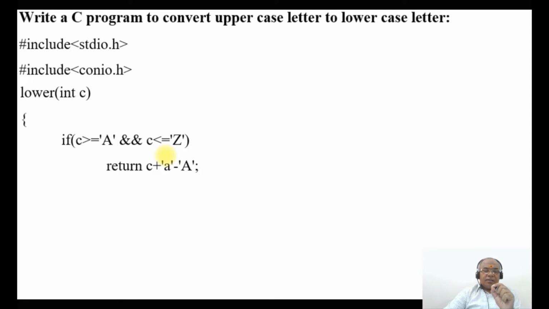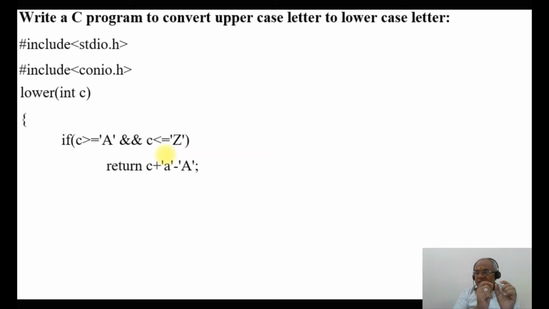Similarly, the ASCII value of small b is 98 and that of capital B is 66. So again you have a difference of 32. Likewise, for small letters a to z compared with capital letters A to Z, you are going to get a difference of 32.